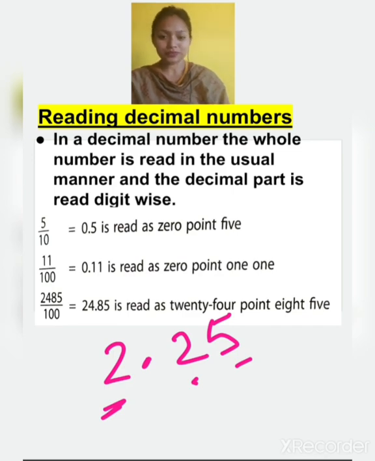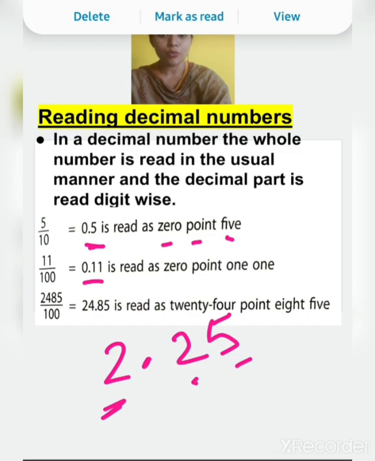Is it clear? Now as you can see in this case, 5 by 10 is equal to 0.5, and we can read it as zero point five. Similarly, 11 upon 100 will be 0.11, and we will read it as zero point one one.